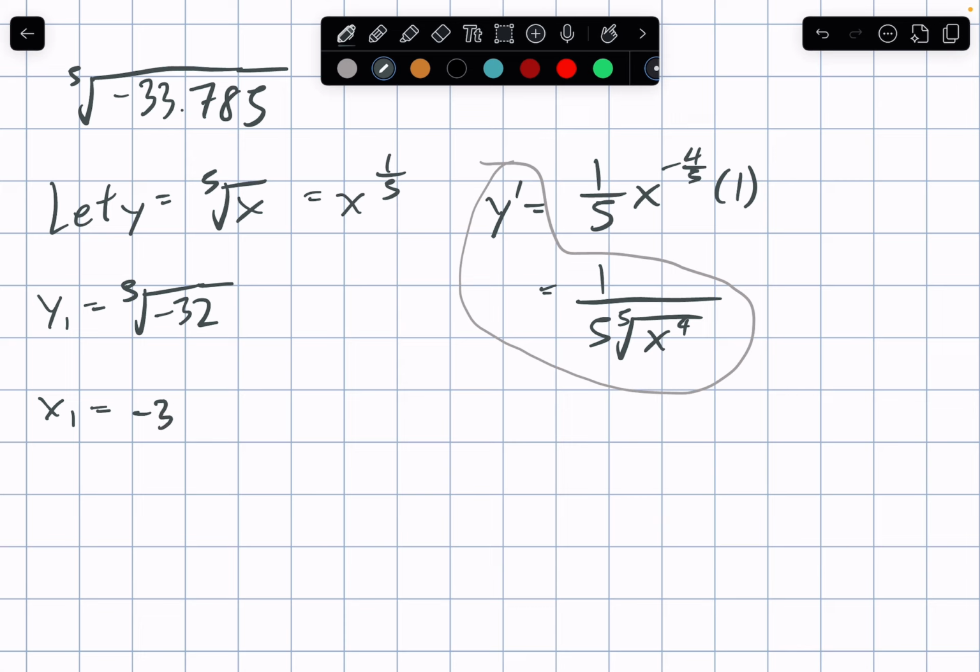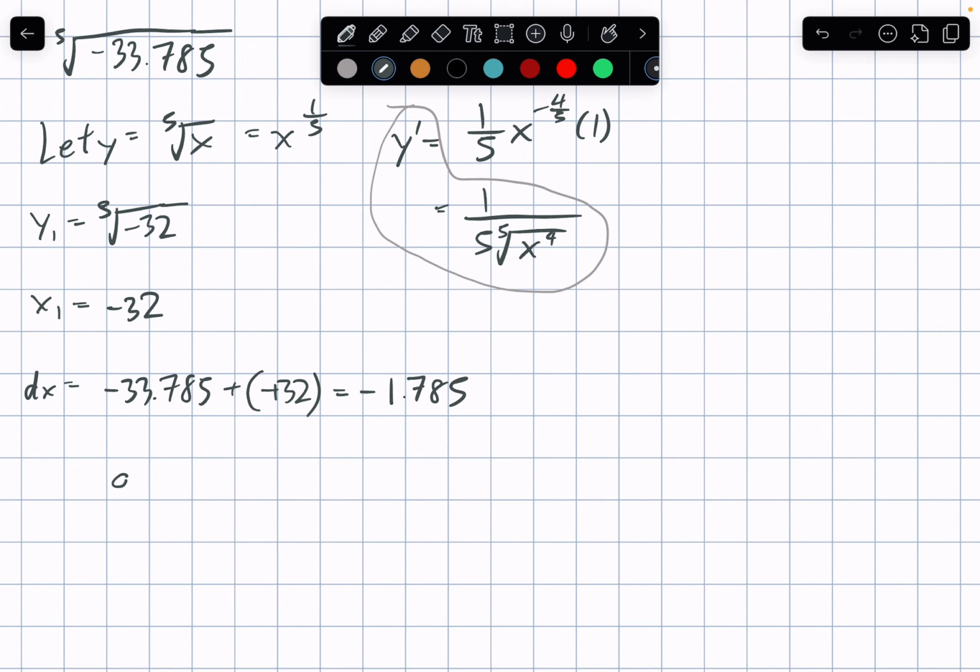x1, that's going to be negative 32. dx is negative 33.785 minus negative 32. This becomes plus. So we have negative 1.785.